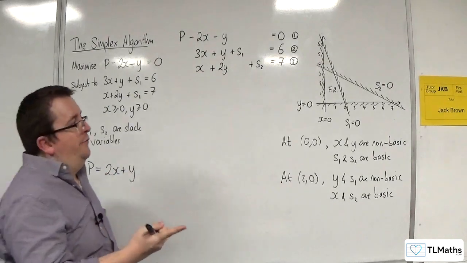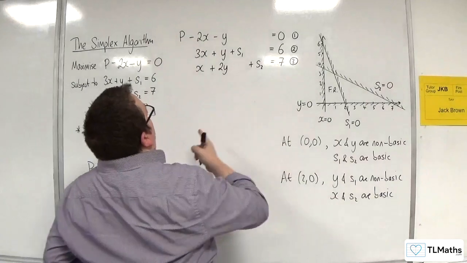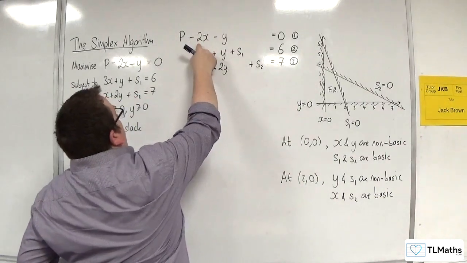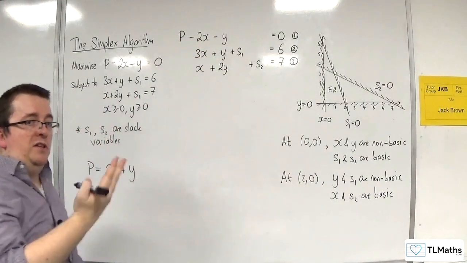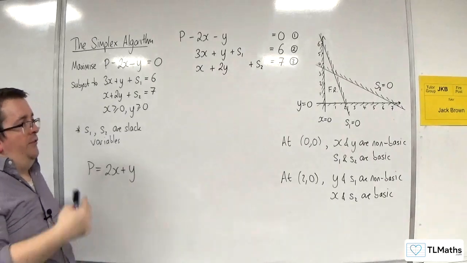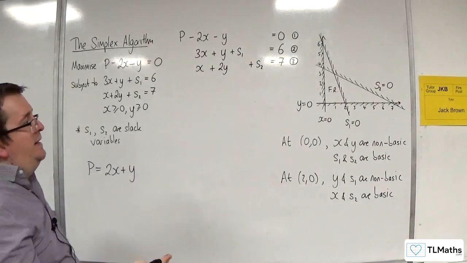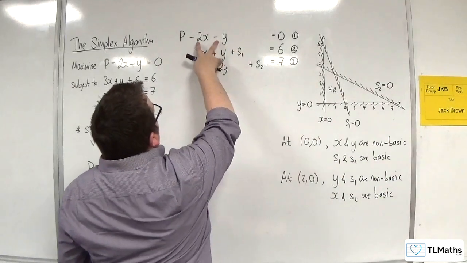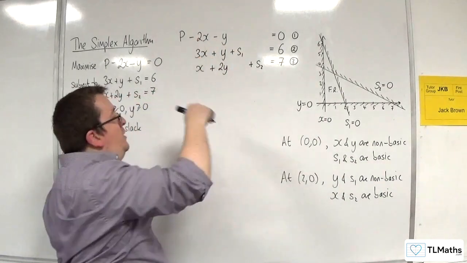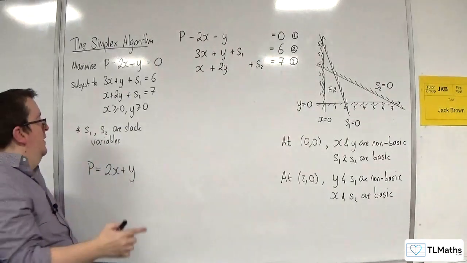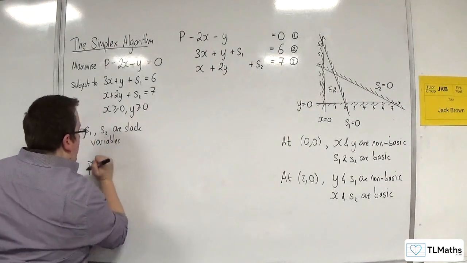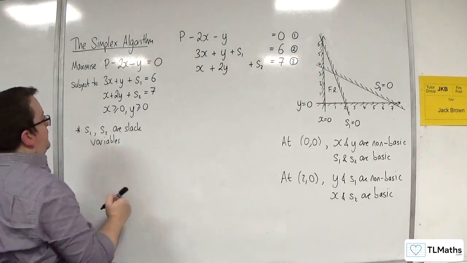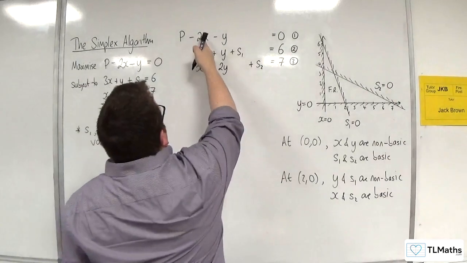How can I identify that? Well, that is because the minus 2 that I have is the most negative value. So I use the most negative value, and that identifies from my top row which direction I'm going to go. So I'm going to improve in the x direction first.